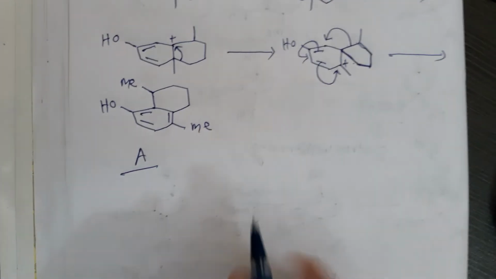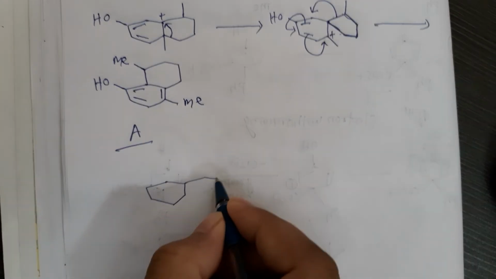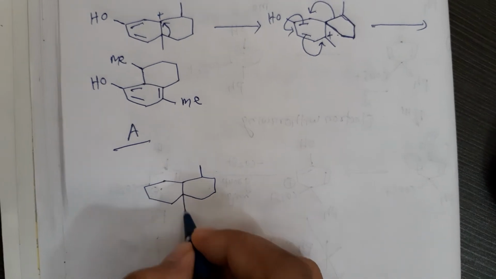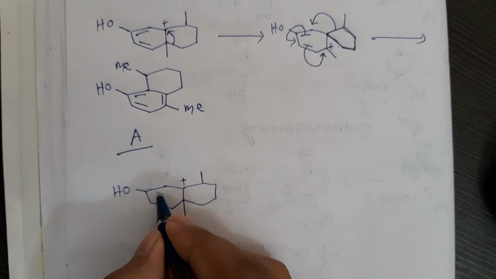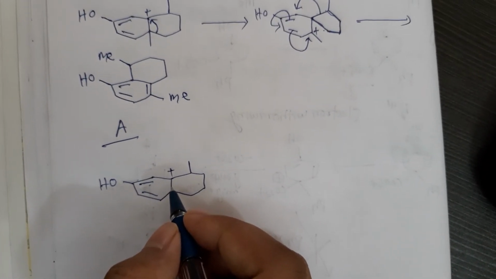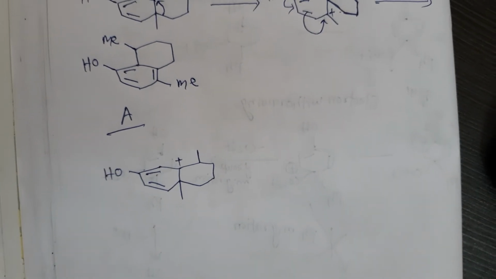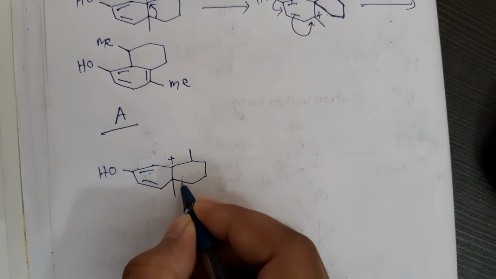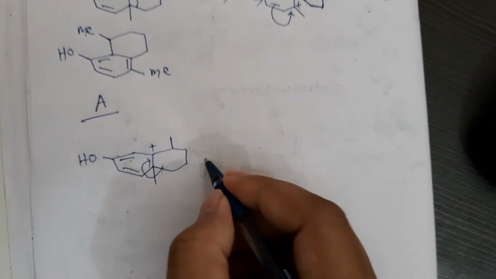Now the second product is formed from this intermediate. Let's see how the second product is formed. Methyl group, here carbocation, here OH, this double bond. This bond breaks to give this one.